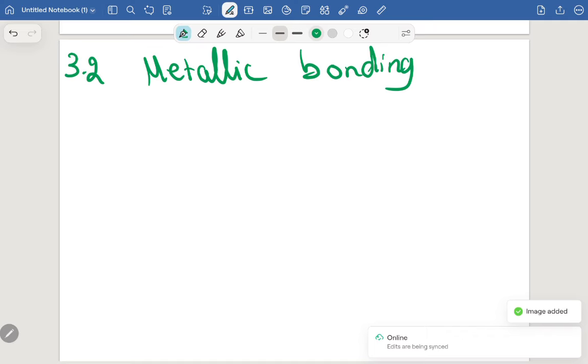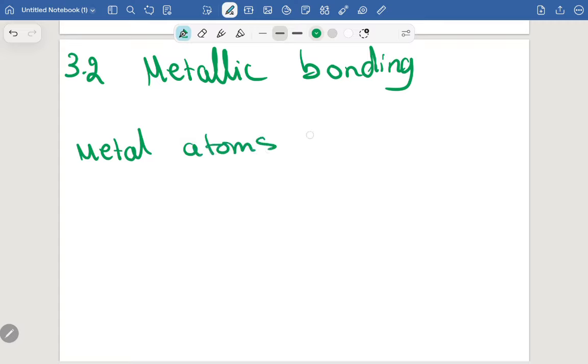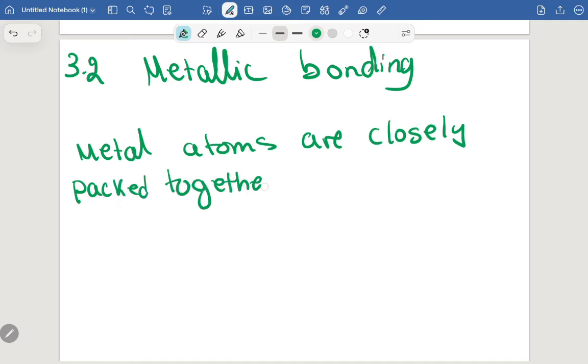First of all, metal atoms are closely packed together in a lattice. Now, what does this lattice look like?